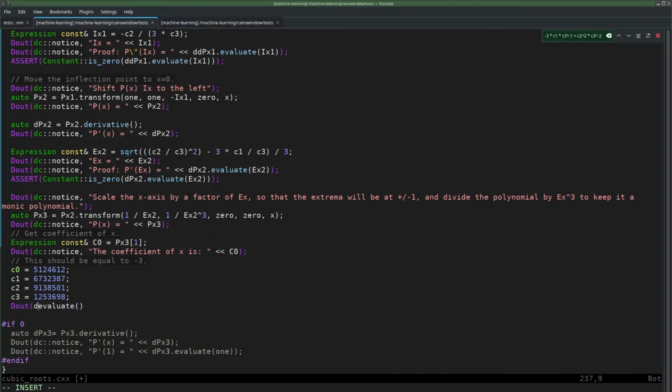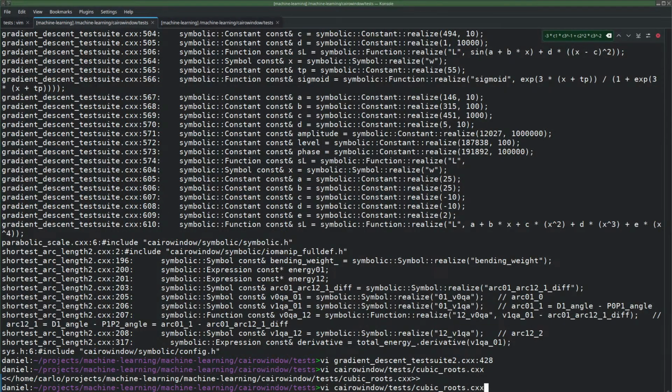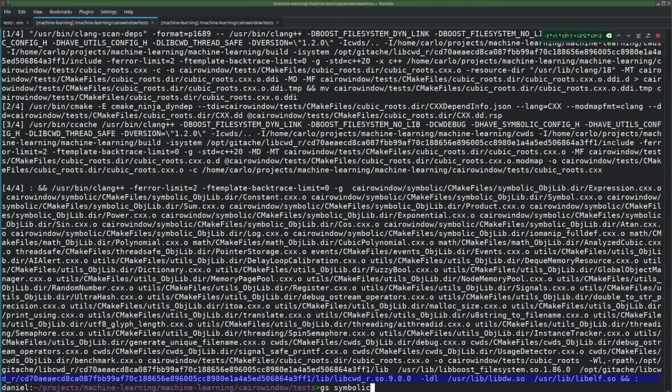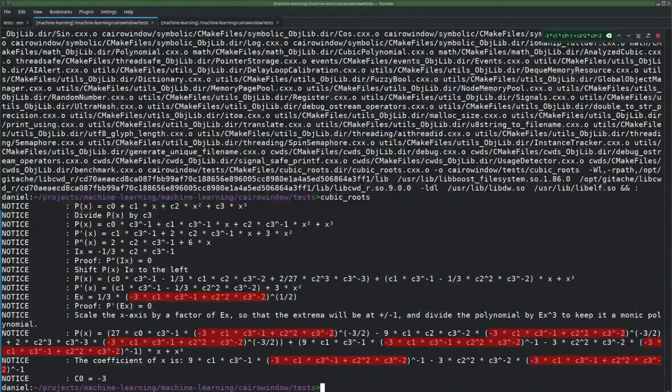C0 is, C0 evaluate. Yep, -3. Oh, that is pretty cool.